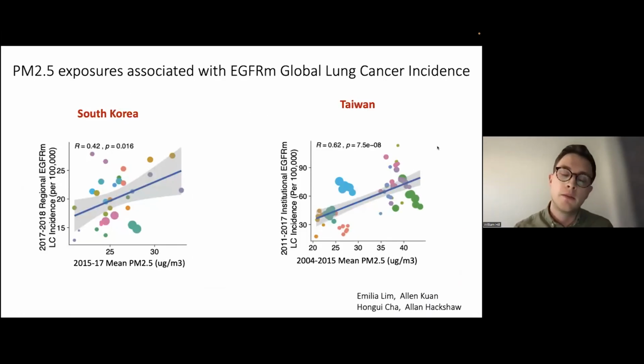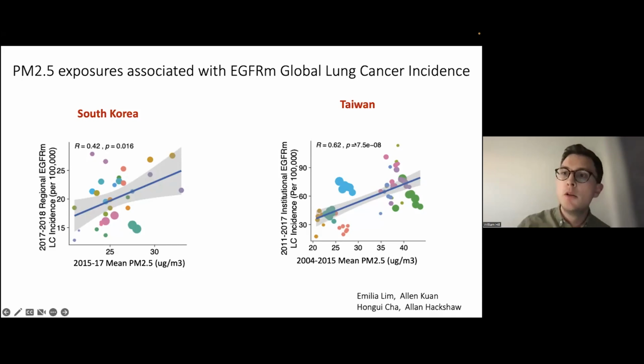And then we further explored this in two other in-country cohorts, both in South Korea and Taiwan, which have increasing levels of PM2.5 compared to the UK. And again, this positive, significant association was retained.